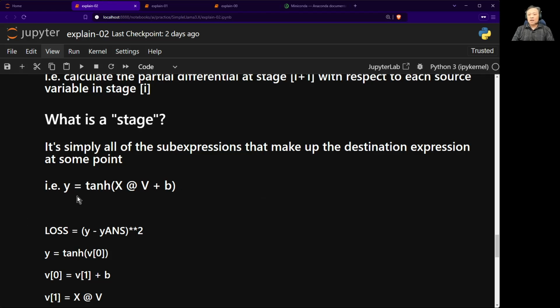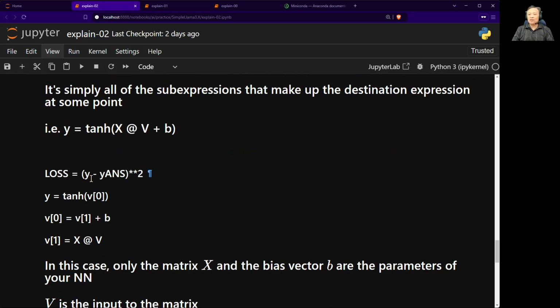You say y equals tanh of the matrix multiply of x times v, v being your input, plus some bias. And the loss, given the input, you know what the answer is, so you subtract it from the output that you get, and then you square it. This is known as the mean squared error loss.